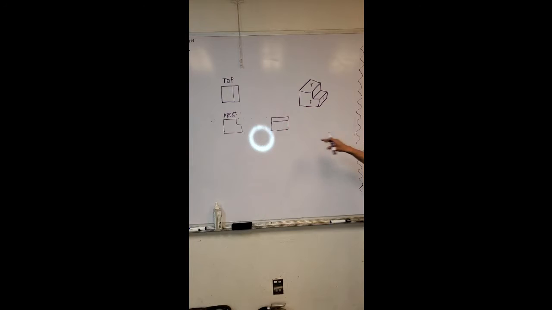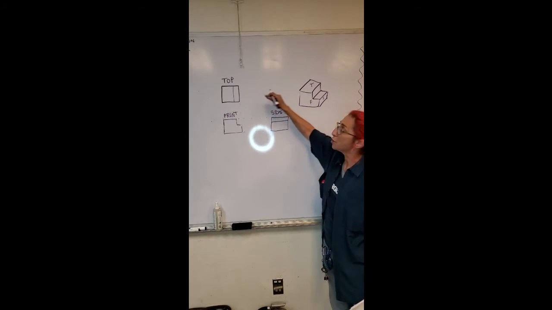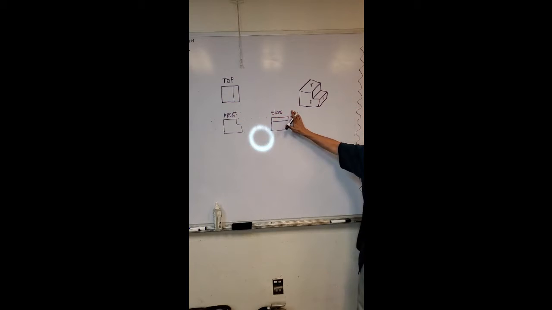Right? So now we have to be able to look at this information by itself, because usually this is all we get. We normally don't get a pictorial view unless there's something super special about it, okay?